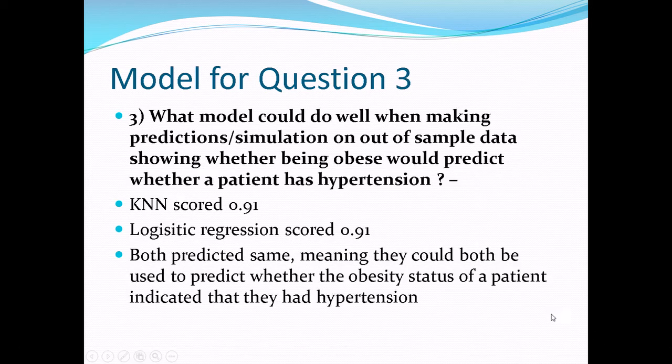In this model we try to find the answer for question 3, whether being obese would predict whether a patient has hypertension. KNN scored 0.09 and so did the logistic regression. Both predictions were the same, meaning they both can be used to predict whether the obesity status of a patient indicates that they have hypertension.